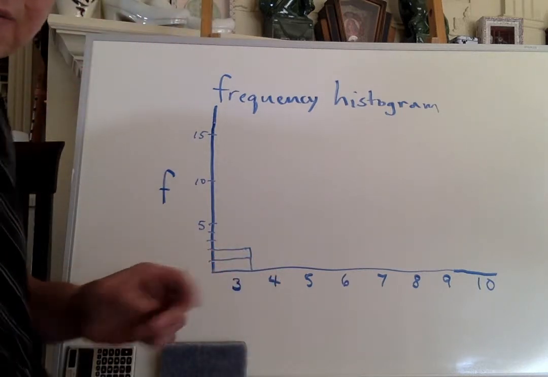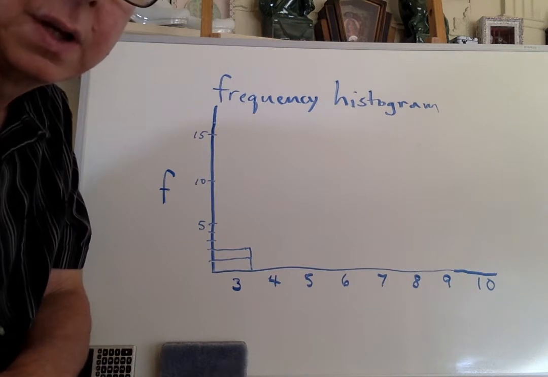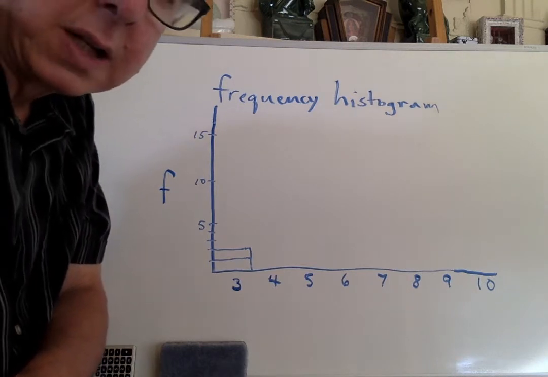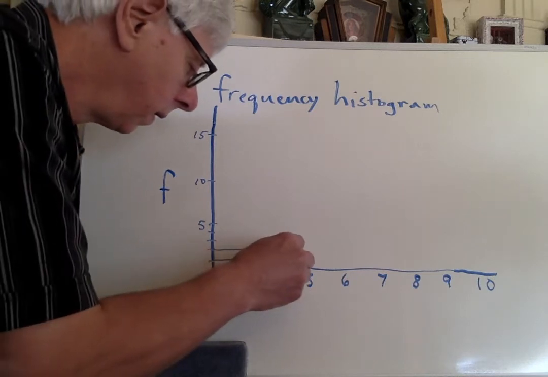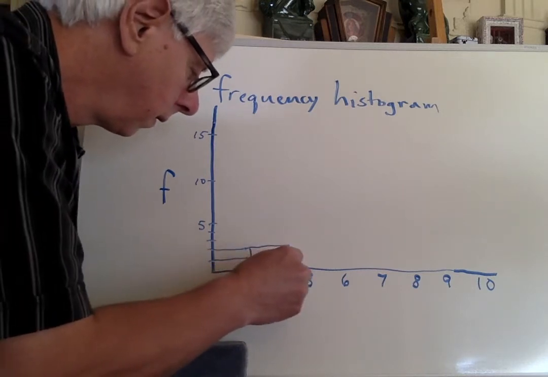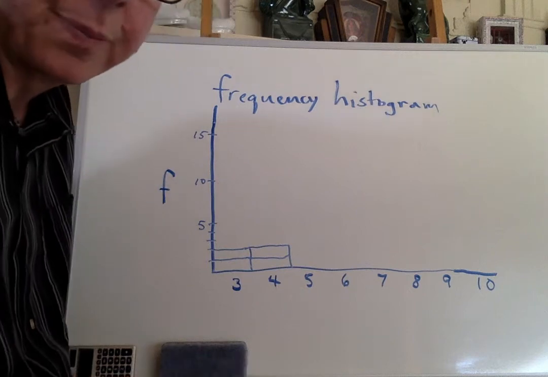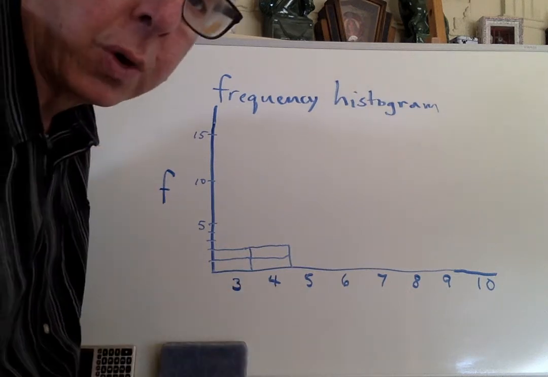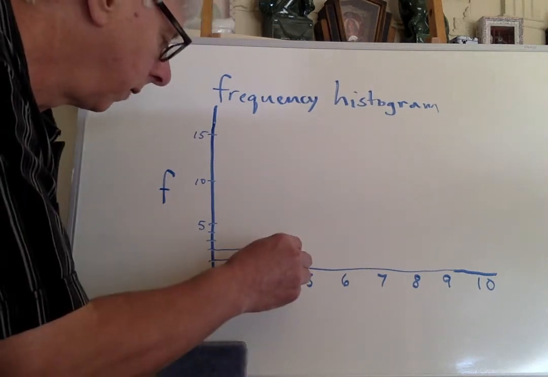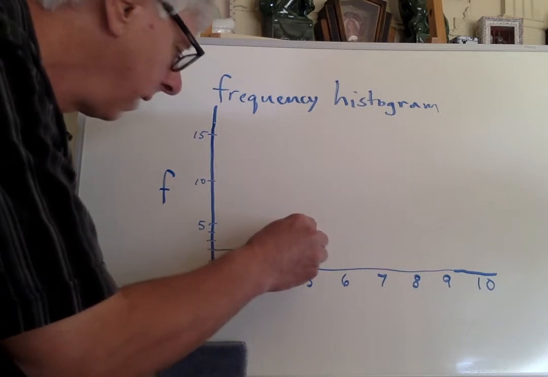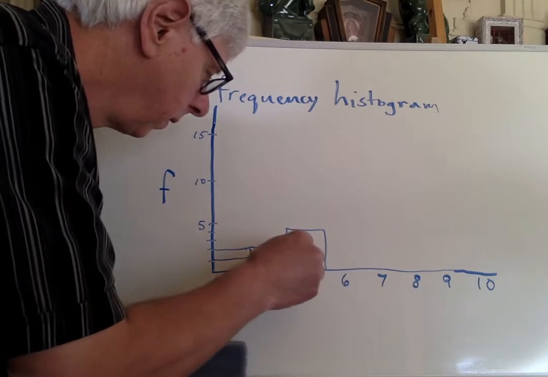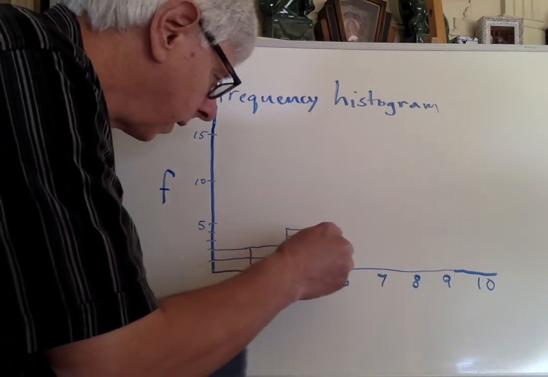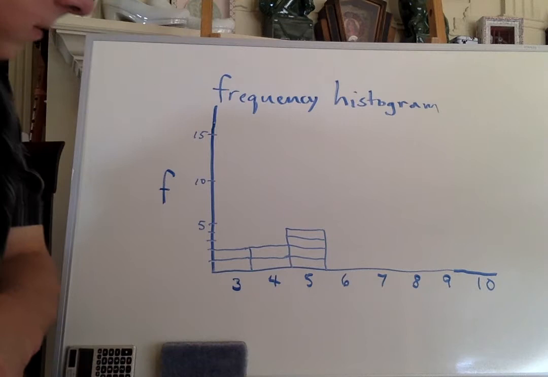So 2 people reported a score of 3, and then I'm going to look and I see 2 people reported a score of 4. Okay, and then 4 people reported a score of 5.